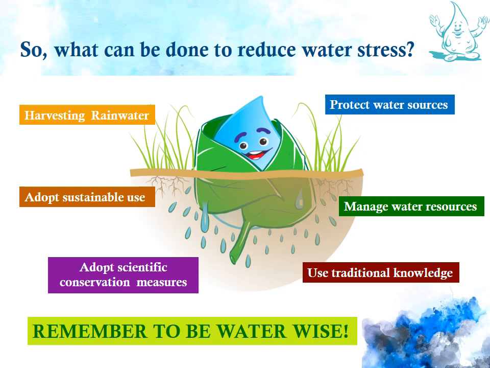A very important and easy way is to learn and adopt scientific conservation measures like rational use of groundwater, renovation of traditional water sources, and increasing forest cover. It is important to learn from the traditional knowledge of collecting, storing, and saving water. Also, let us all remember to be water wise and use it very cautiously.